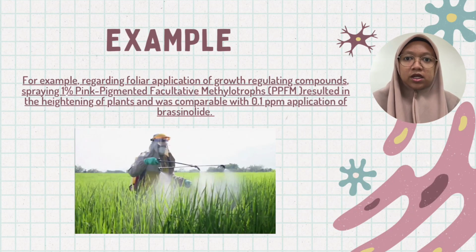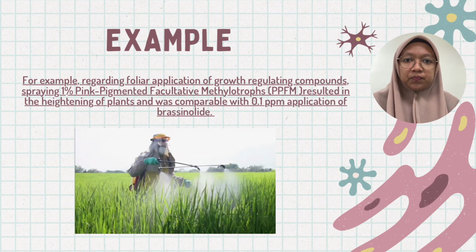For example, regarding foliar application of growth regulating compounds, spraying 1% pink pigmented facultative methylotroph (PPFM) resulted in an increase in plant height and was comparable with a 0.1 ppm application of brassinolide.